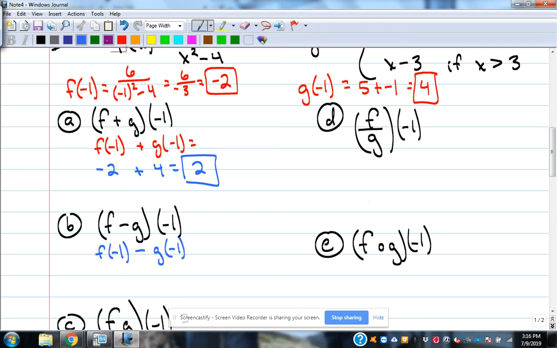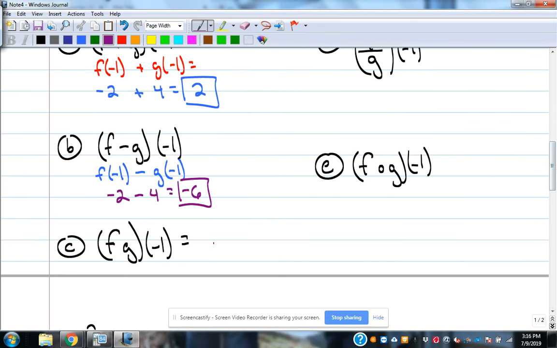Now we already know those values to be -2 minus 4, which would be -6 for a final answer. Multiplication, exact same idea. F of -1 times g of -1, which we know to be -2 times 4, which is -8. That's the final answer.